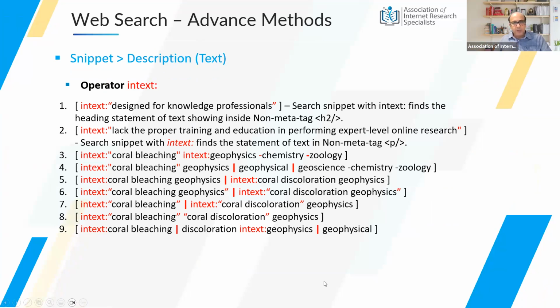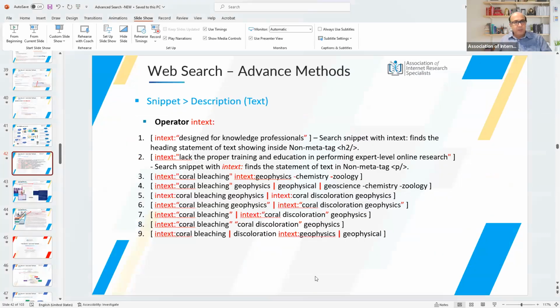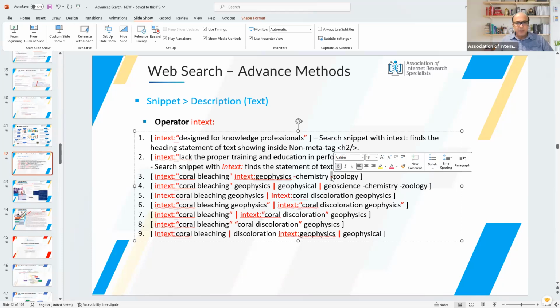These are just practice queries that you can work with. It's just there for you to check and test out. I'm going to do some of these examples in the next class. For example, using minus chemistry, minus zoology, this versus using minus in-text, and so on.